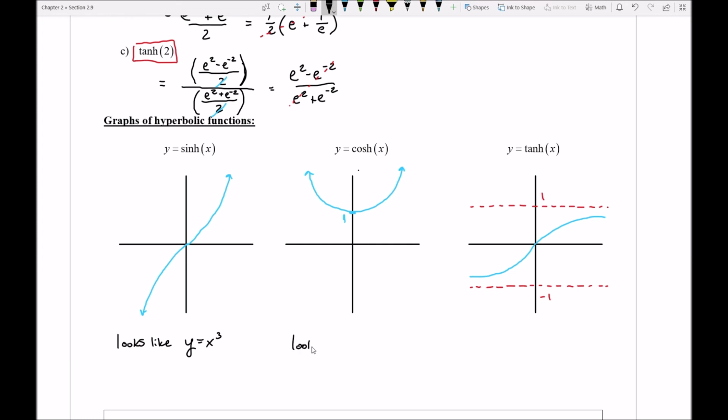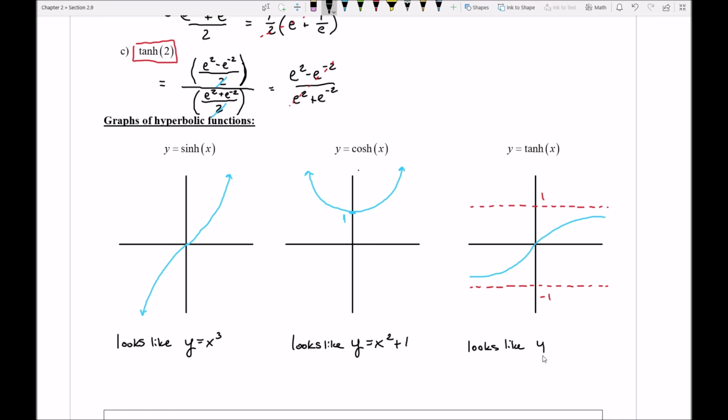I can do the same sort of thing when I come down here to the hyperbolic cosine. This one kind of looks like, well, yeah, it kind of looks like an x squared, but since it's been bumped up 1, I'll say it looks like x squared plus 1. Now this one over here is very interesting because there is a graph that you would have talked about in probably, well, definitely in a pre-calculus class where you talk about trig, but certainly in a Calc 1 class that looks very similar to this hyperbolic tangent.